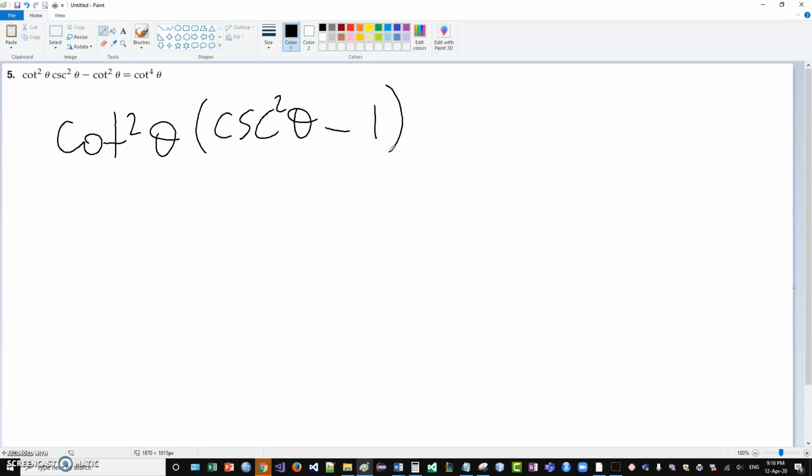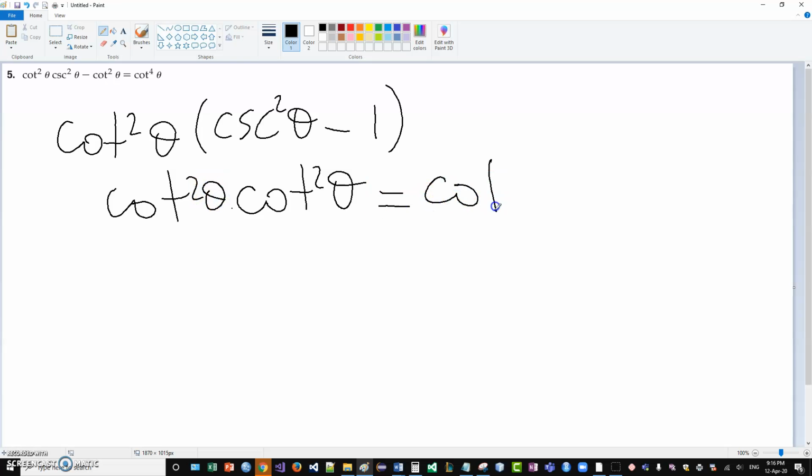Cosecant squared theta minus 1 equals cotangent squared theta. So we have cotangent squared theta times cotangent squared theta. That's cotangent theta to the power 4, which is what we have here.